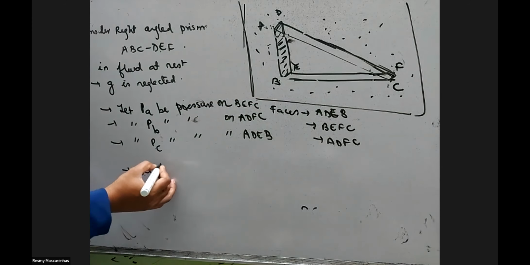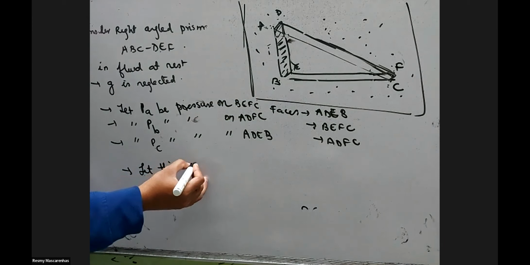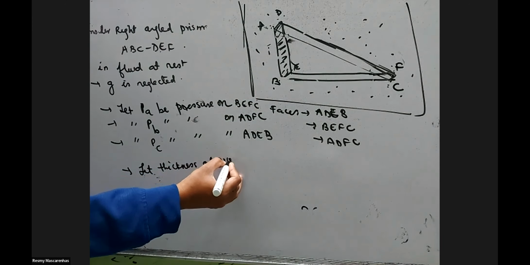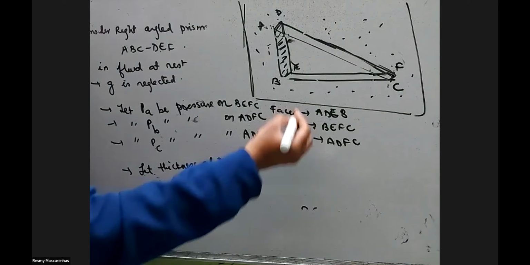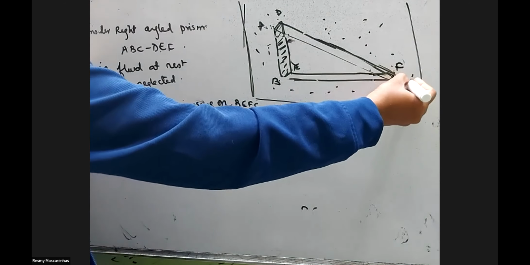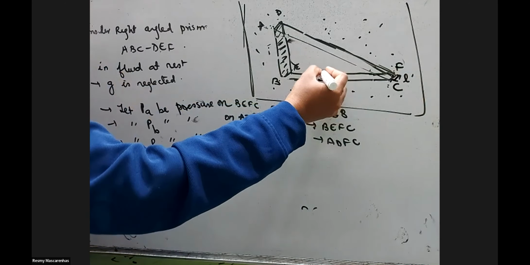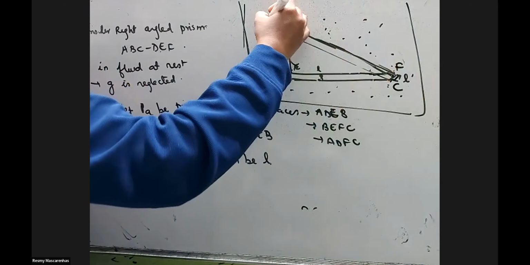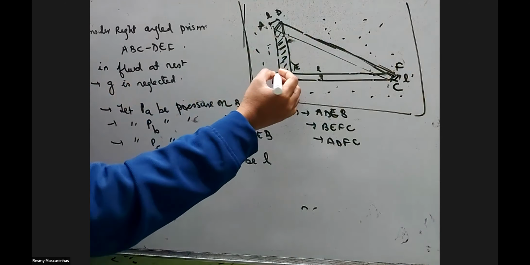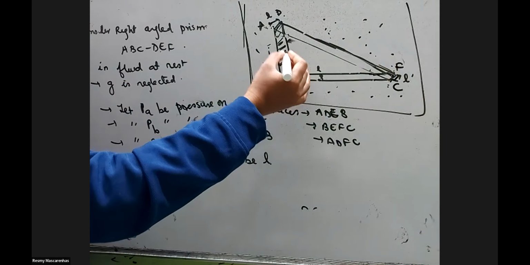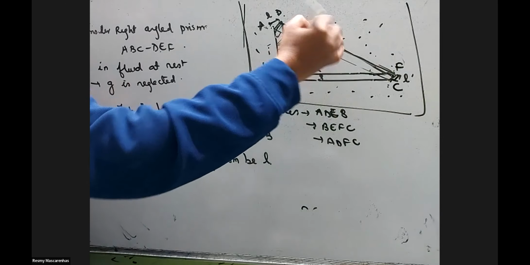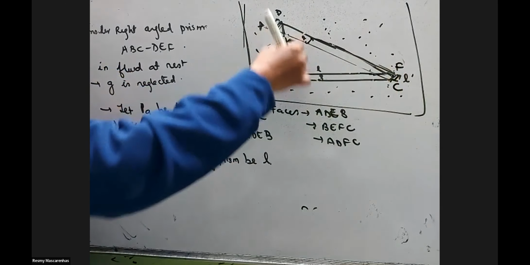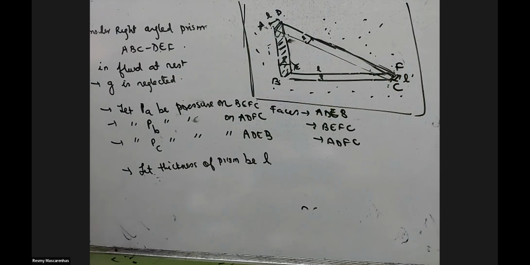Next, let the thickness of the prism be L. Means the small distance should be L. This width is L everywhere. This is also L. This is also L. So this whole strip's width, the thickness, should be L throughout the prism.